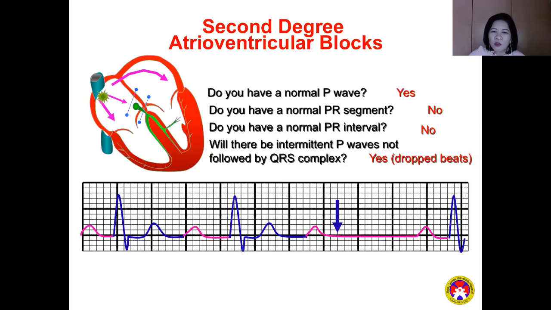Just to clarify, to differentiate this from a sinus pause or sinus arrest, there is totally nothing in a sinus pause. You just see a flat line, but here you see a P. That means you were able to depolarize the atria, but the wave of depolarization was not conducted to the ventricles. So when you see a P without a QRS, you know you have a second degree AV block.